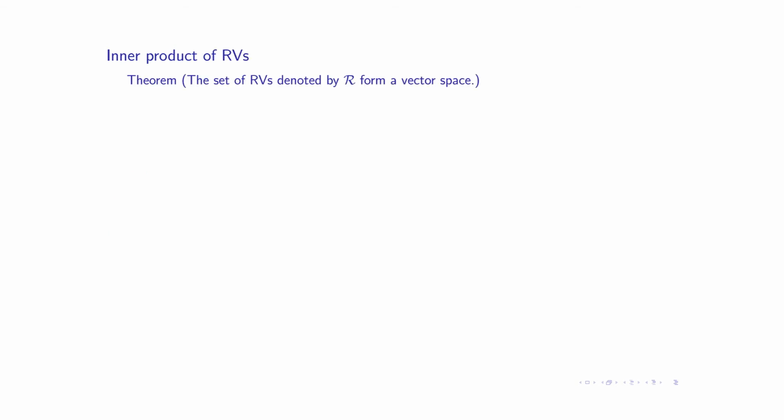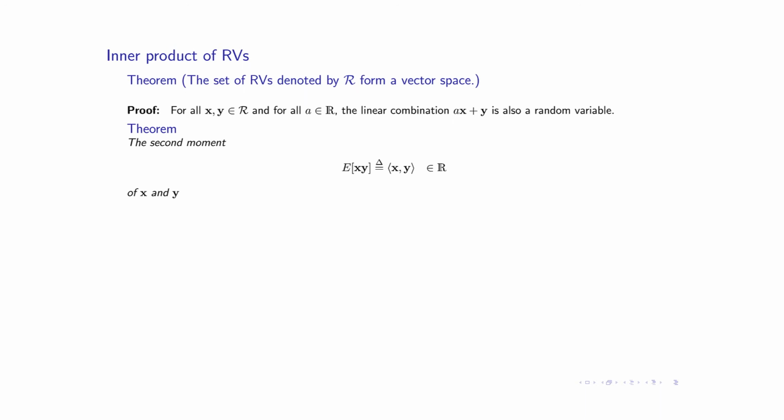For random variables, we have a theorem. The set of all random variables forms a vector space. We have proven that; the proof is easy. The second theorem is about this moment, the mean of xy, which, remember, is equal to the double integral of xy times the joint PDF of x and y, dx dy, where y varies from minus infinity to plus infinity, and x also varies from minus infinity to plus infinity.